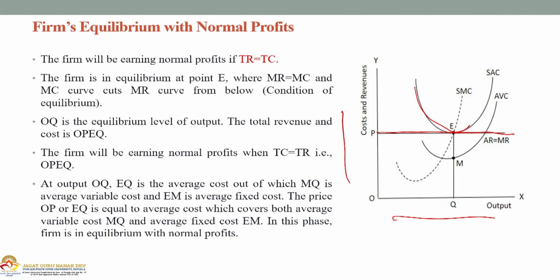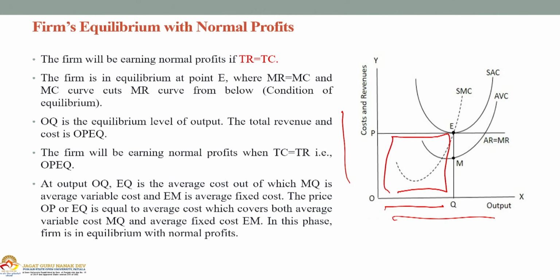Short run average cost, average variable cost, short run marginal cost. Again, short run marginal cost is intersecting from its minimum. And in this situation, see, OQ is output. Fine. Total revenue and total cost are equal.